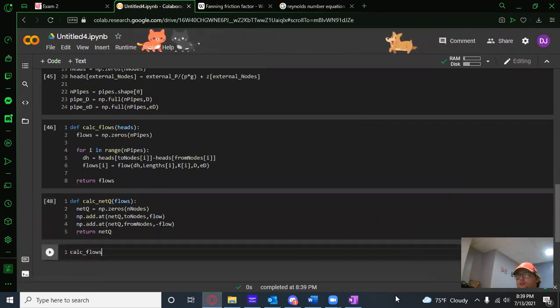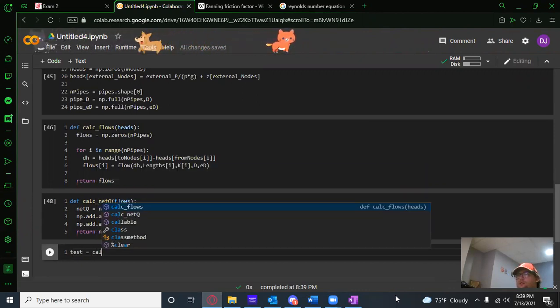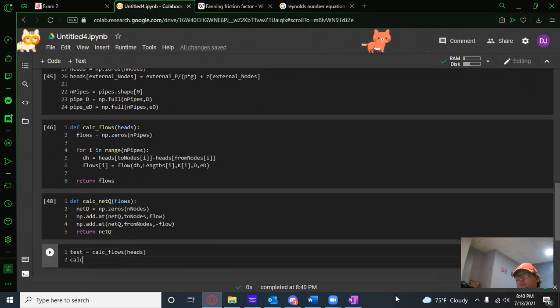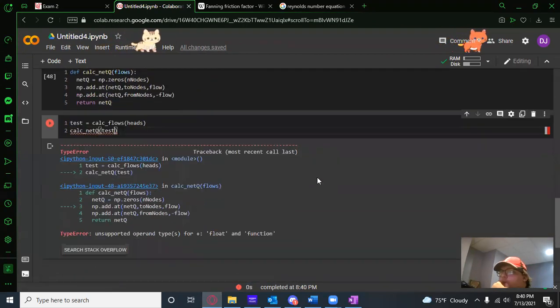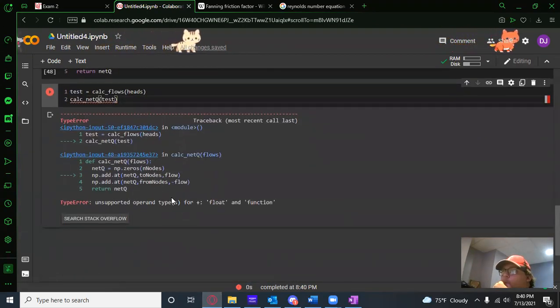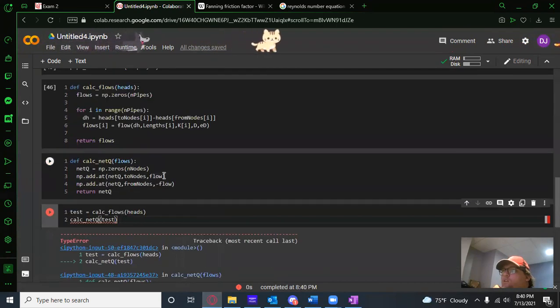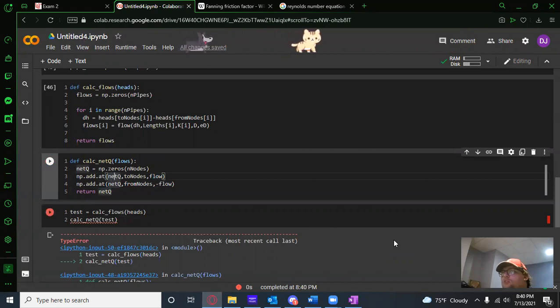All right, so if we want to calculate net Q, let's test again. Just do calc flows heads. Then do calc net Q, make sure it works. Okay, I'm just a dummy.